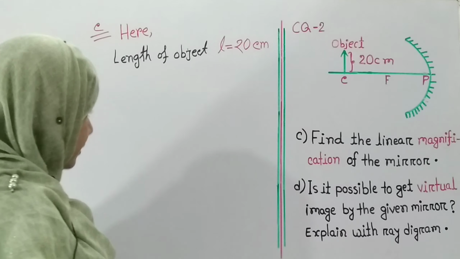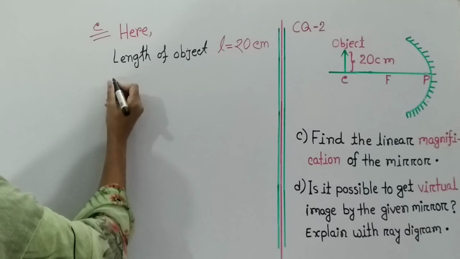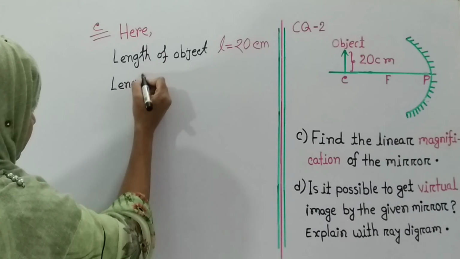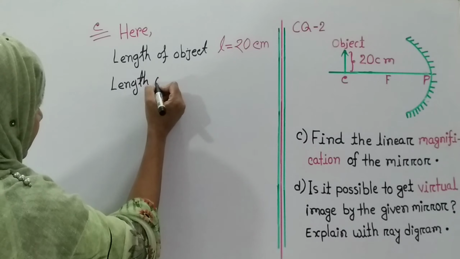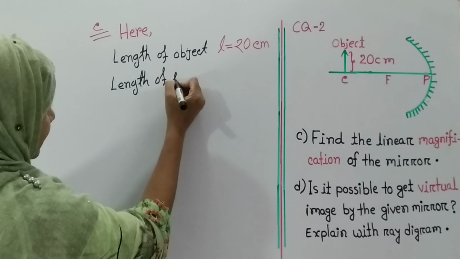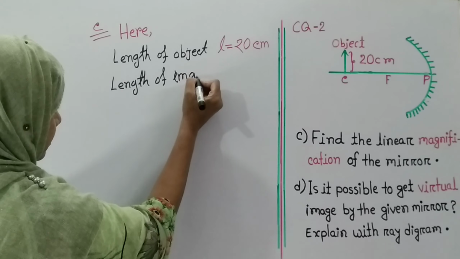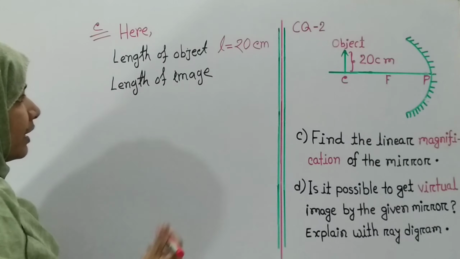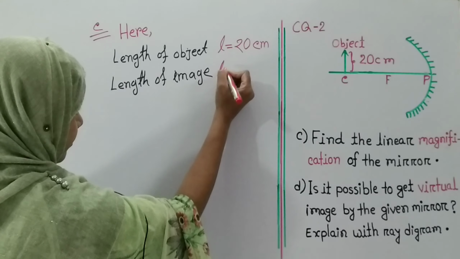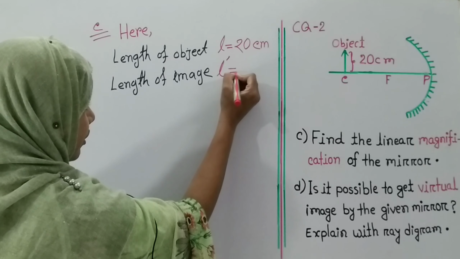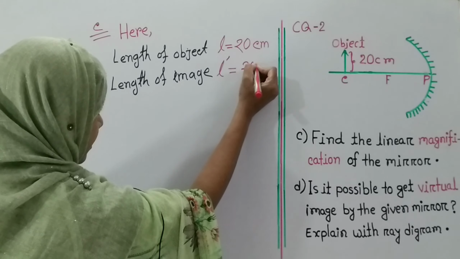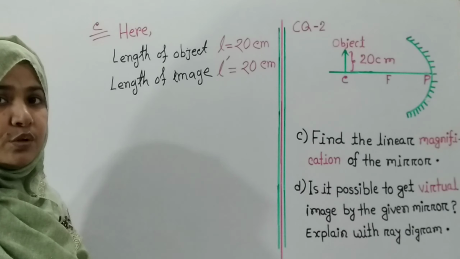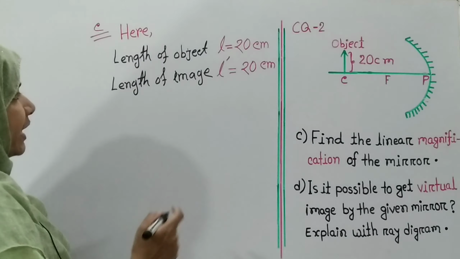Now the length of image is denoted by L prime. L prime will be 20 centimeter, and we have to identify the magnification.